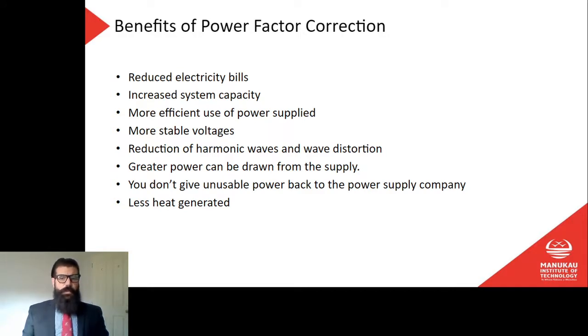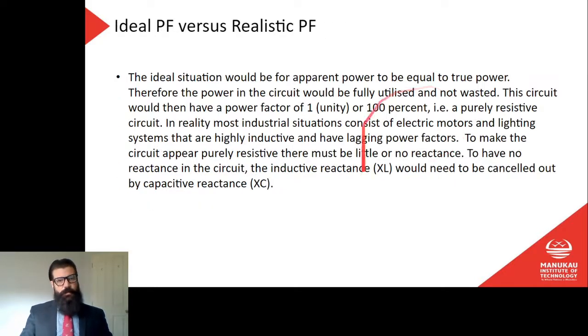More efficient use of power supplied, more stable voltages. We saw, I think, in the last topic that voltages could get very, very high if we have lots of inductive or capacitive loads. Reduction of harmonic waves and wave distortion. Greater power can be drawn from the supply. You don't give unused power back to the power supply company. It's the same as reduced electricity bills and less heat generated.